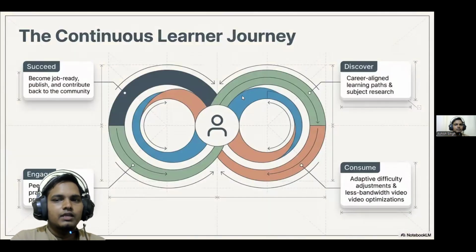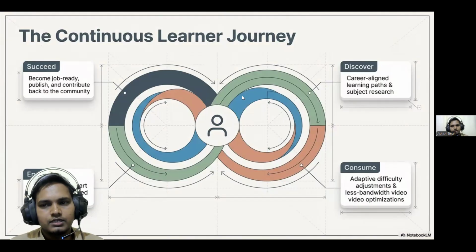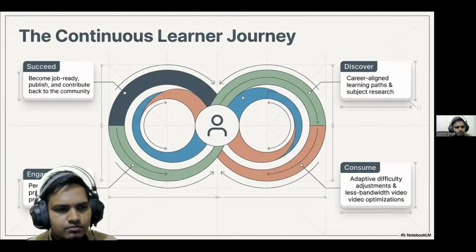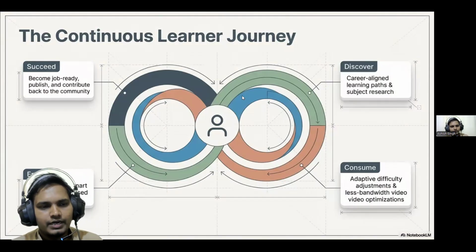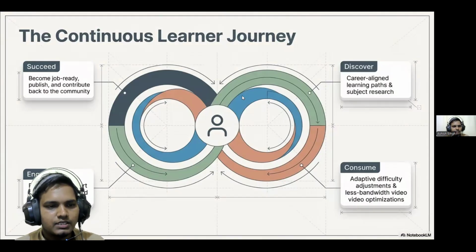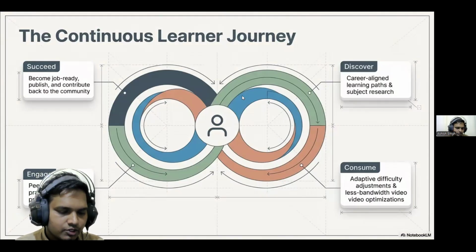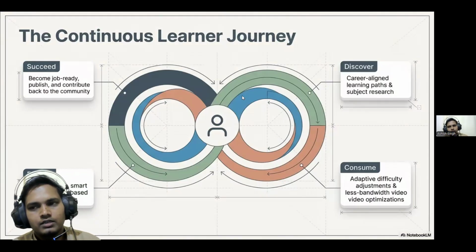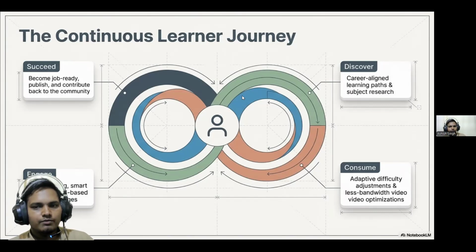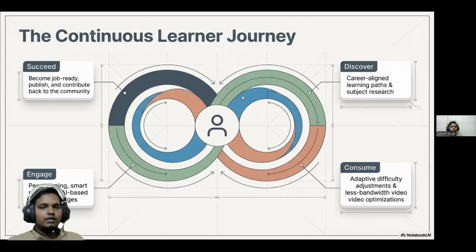So how can we make the learner's continuous journey? First, we have to make them job ready, so they can publish and contribute back to a community, meaning they can create research reports. Becoming job ready is not the only important task of a learner; they should also contribute to the education system, or learn something new by creating research reports.